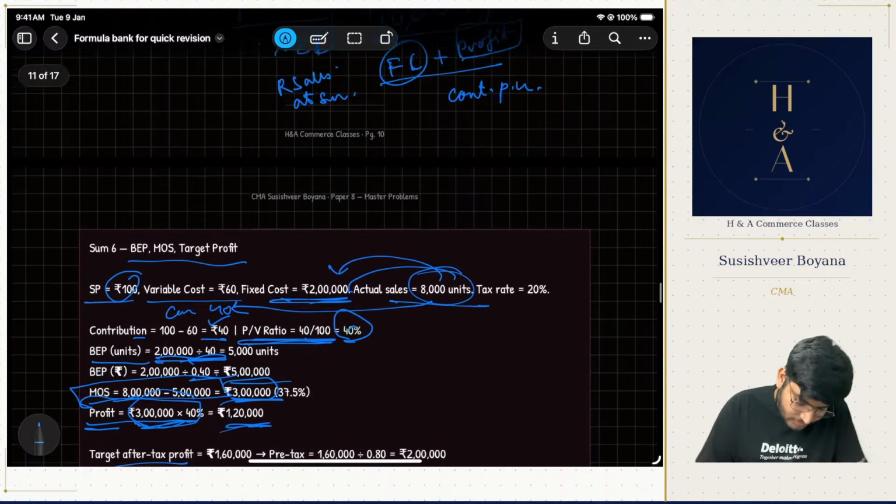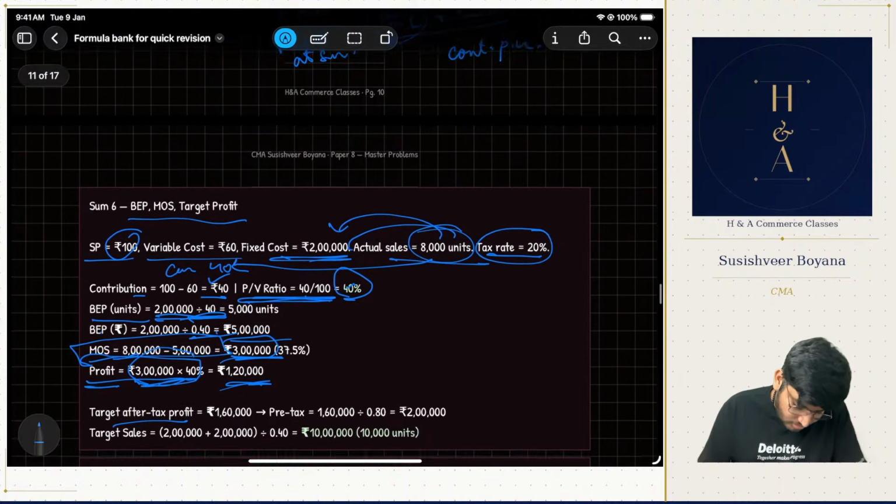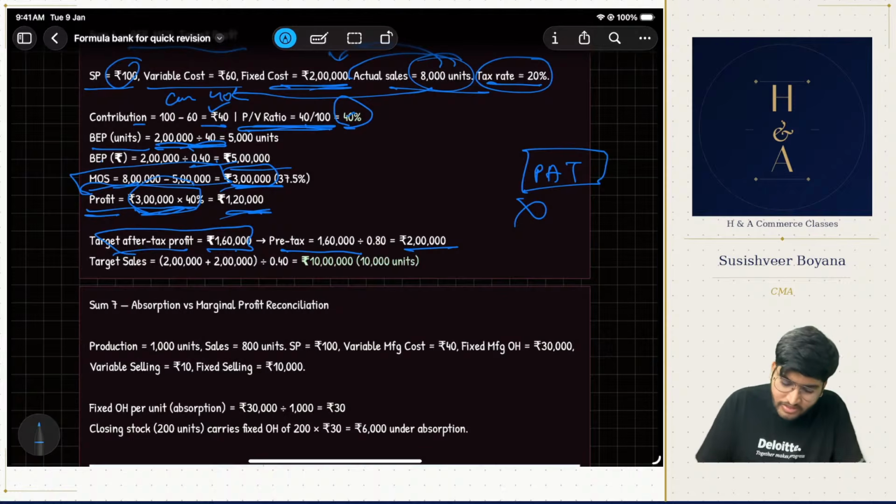Target sales after profit. They've given a target; the tax rate is given. The question didn't specify it. Target profit after tax is 1 lakh 60, it seems. That means pre-tax, it's going to be 2 lakhs. Remember, profit after tax is not something we consider. We have to calculate PBT, profit before tax, to eliminate the component of taxes.